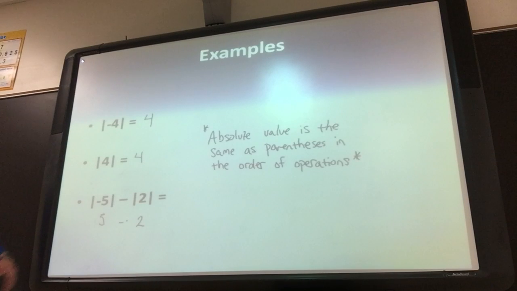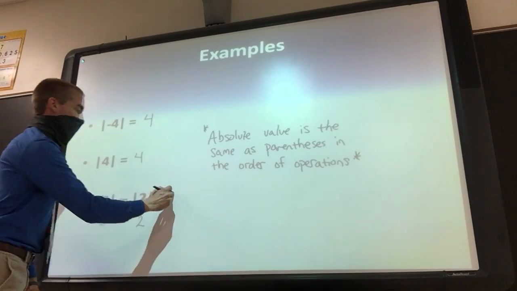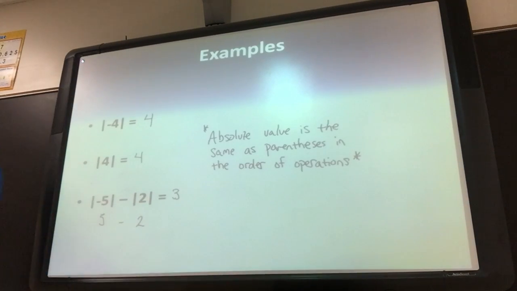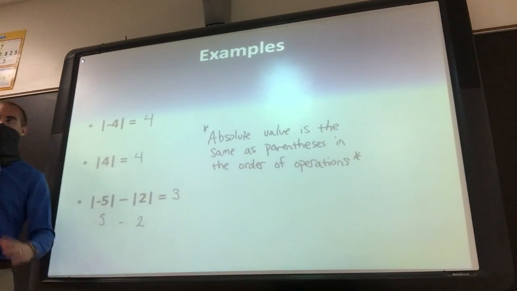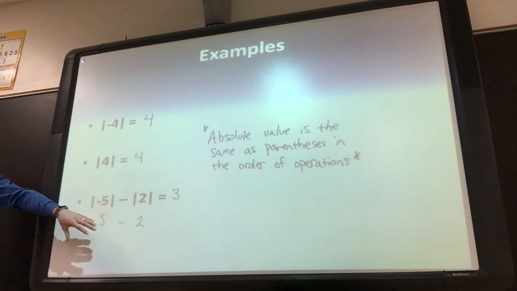So now we just do 5 minus 2, which is 3. So we're taking the absolute value of each number first, and then we add, subtract, multiply, or divide. Basically, we've got to get rid of the absolute value bars before we can subtract these two numbers.